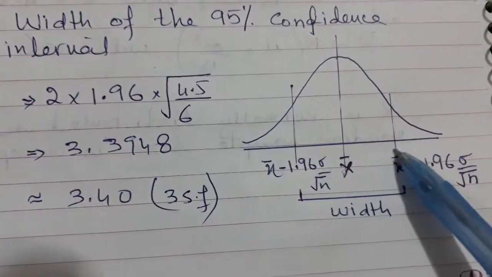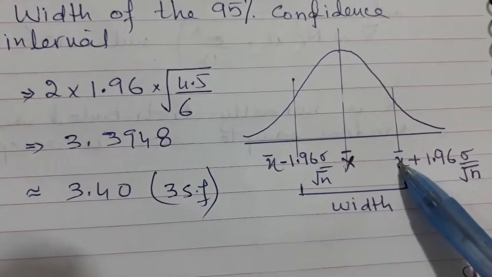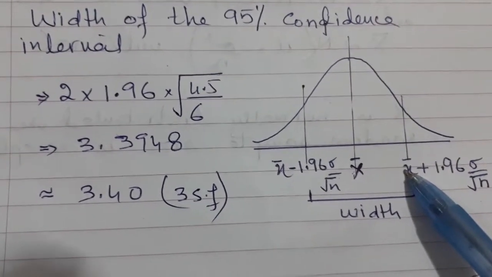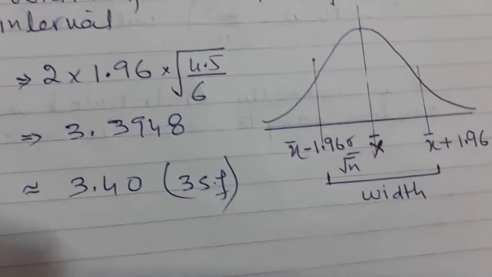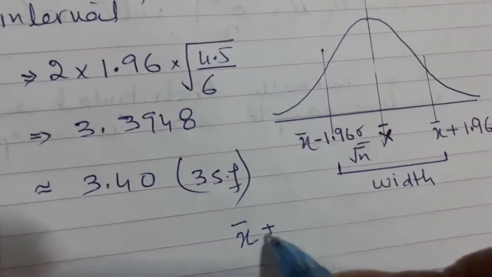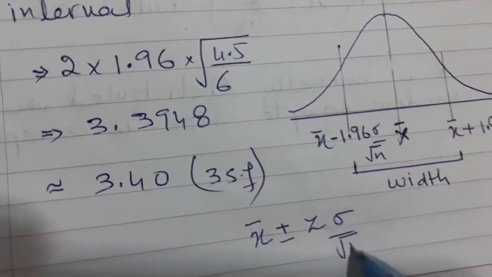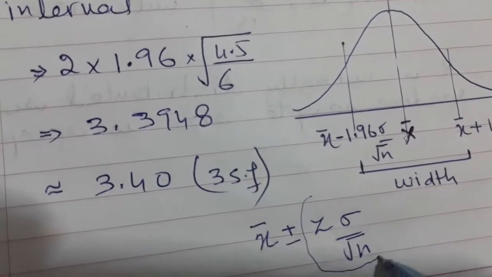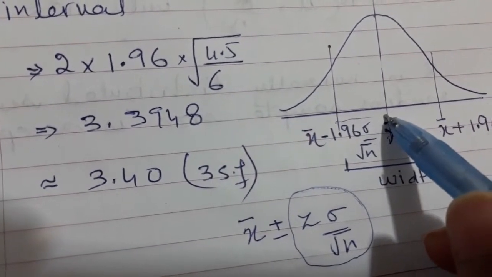So this and this together, from here till here, will give you the width of the confidence interval. So from the formula, which is x bar plus minus z sigma over root n, this portion is actually representing this length, right?